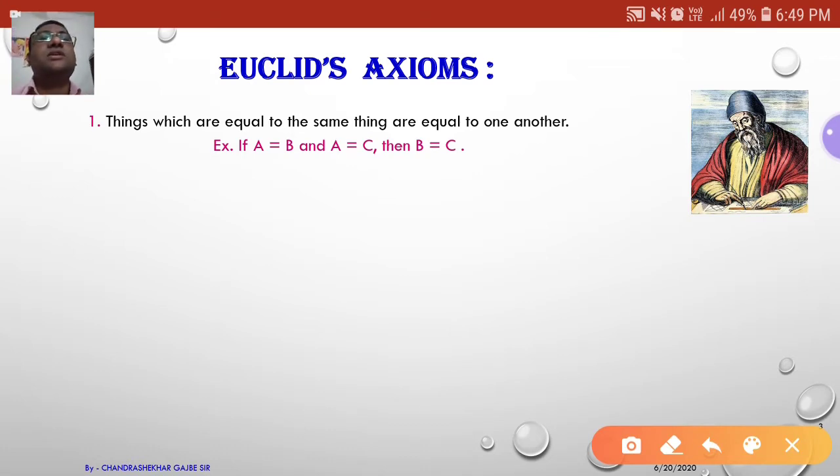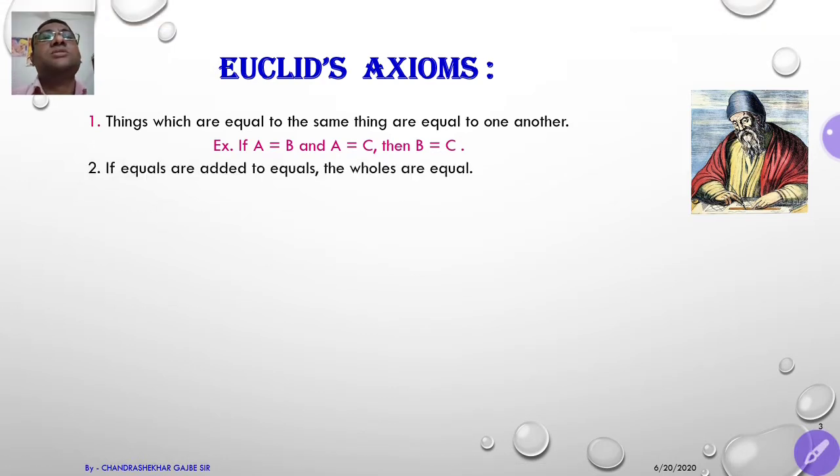If A is equal to B and A is equal to C, then we can say that B equals C. That means the same thing A is equal to two different things B and C, then those two different things B and C are equal to each other.